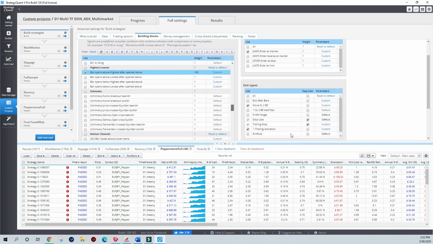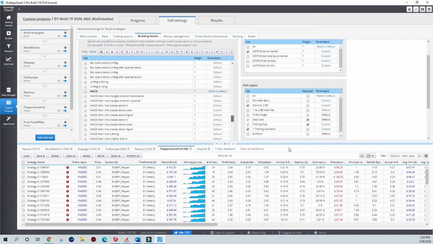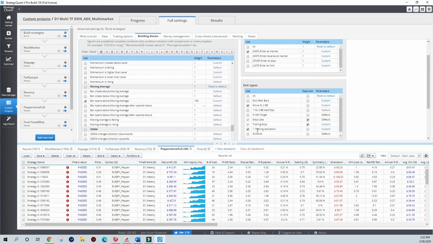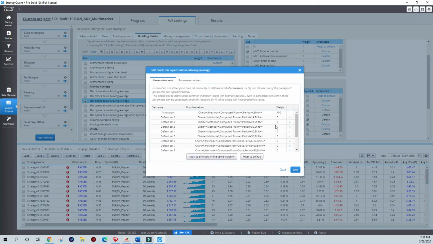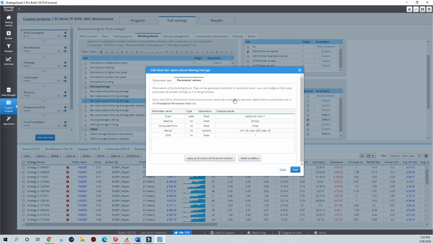Now also, if you remember, in the weekly chart we used a moving average. So here we are. This 100% means that we want the weekly chart, in this instance, to apply a simple moving average. Now remember, this is not applied to the main chart, which operates on the daily time frame, but applied to the additional chart, which relates to the weekly time frame.